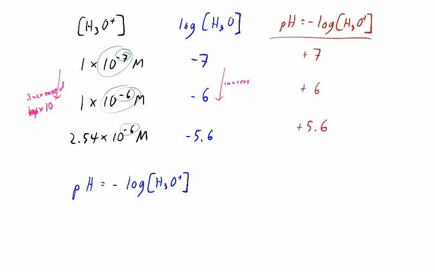So these are very, very small values. The exponents of 10 are negative values, but when we talk about the pH, we flip the sign by multiplying by negative 1.